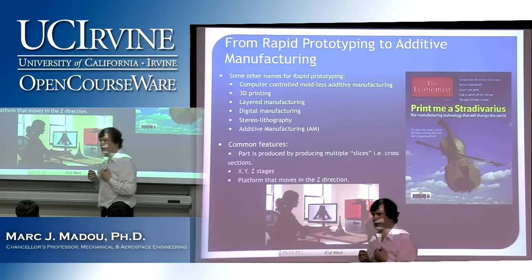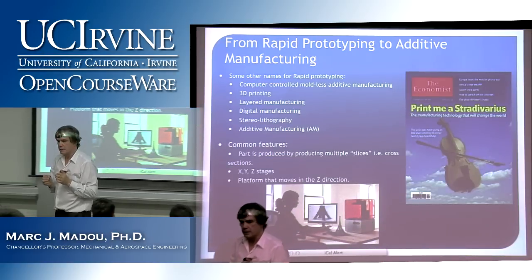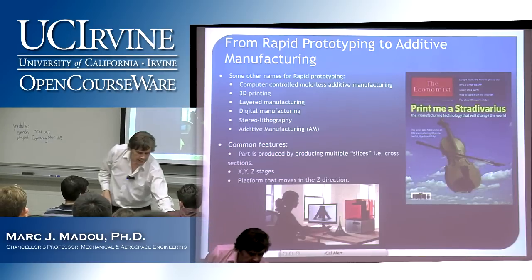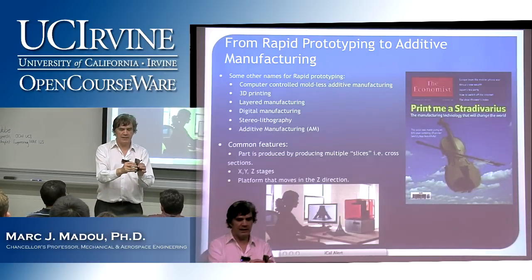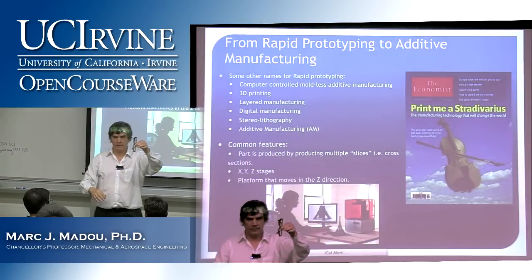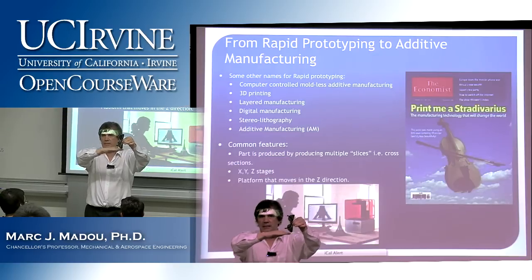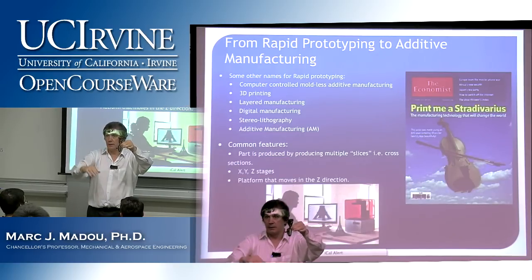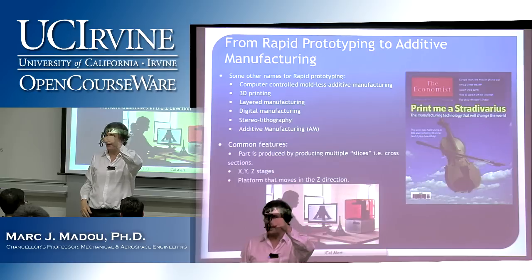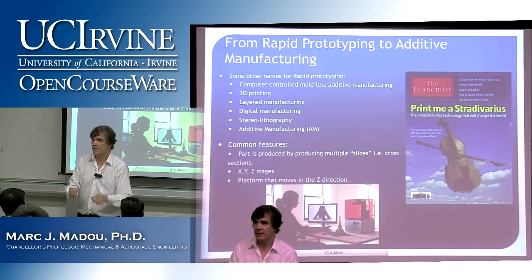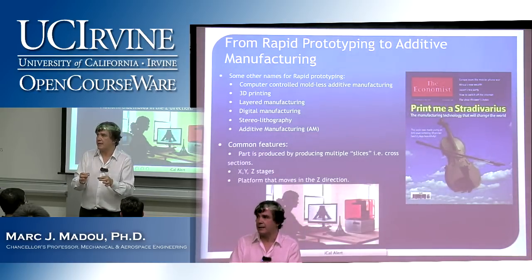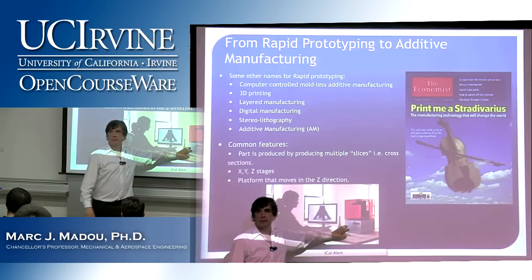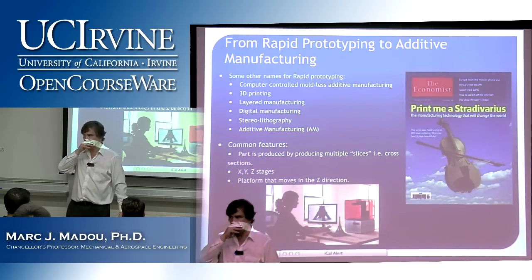A keyword will always be slicing. If you have an object like these glasses in computer-aided design, you will slice it. You will make cuts through that object, and each of these cuts will be made layer by layer in this station. And I'll show you in a moment how that works.